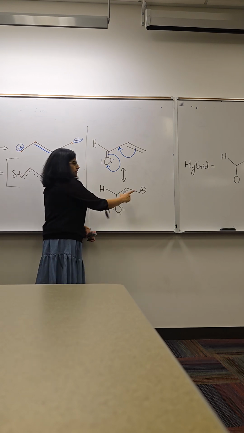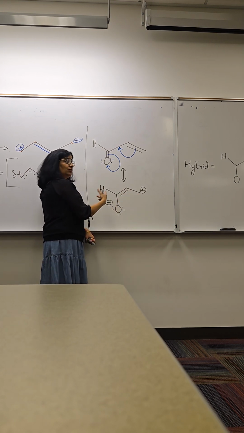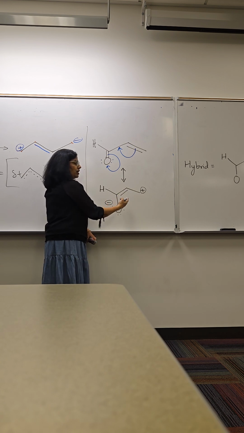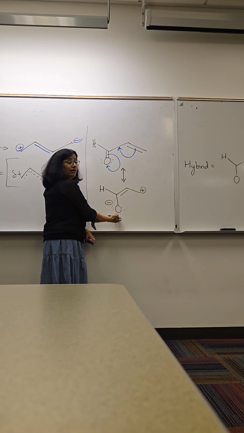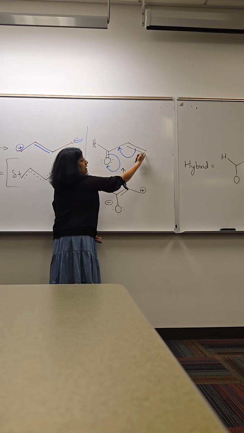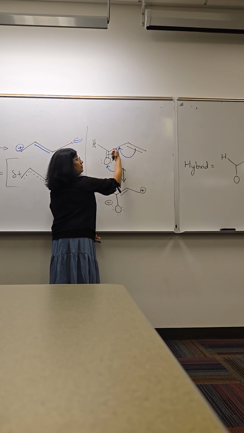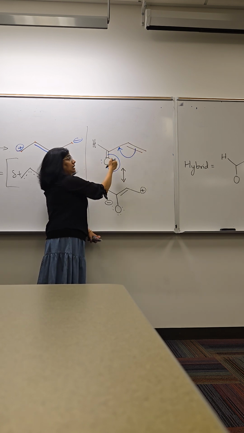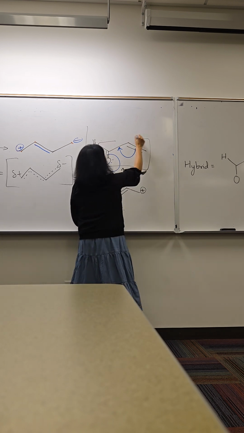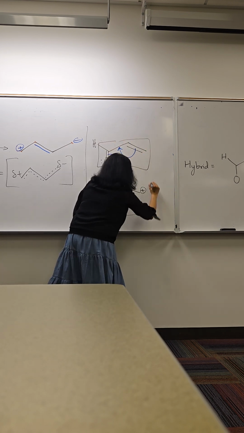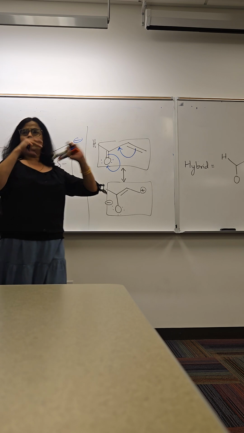The carbon and the oxygen. Which carbon? All of them, the carbons. The electron density is flowing between this carbon, this carbon, this carbon, and oxygen.